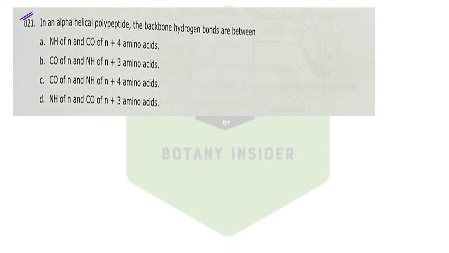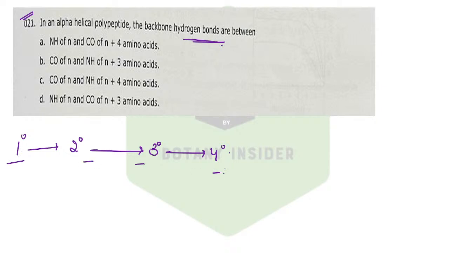This question is that in an alpha helical polypeptide, the backbone hydrogen bonds are between which of the following? When we look into the structure of protein, you have the primary structure, then the secondary structure, then the tertiary one, and then the quaternary structure. So four structure levels are there. In the primary, you have the linear chain.